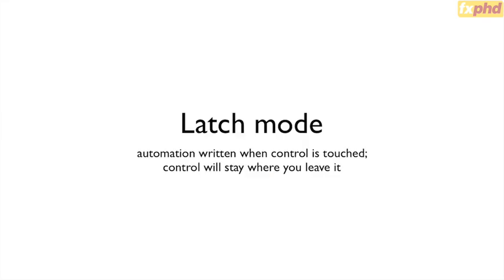And the difference between that and latch mode is that in latch mode you also have your movements being recorded, and they'll also overwrite whatever might have been there previously. But the difference with latch mode is that the control will stay where you leave it when you let go of the control.